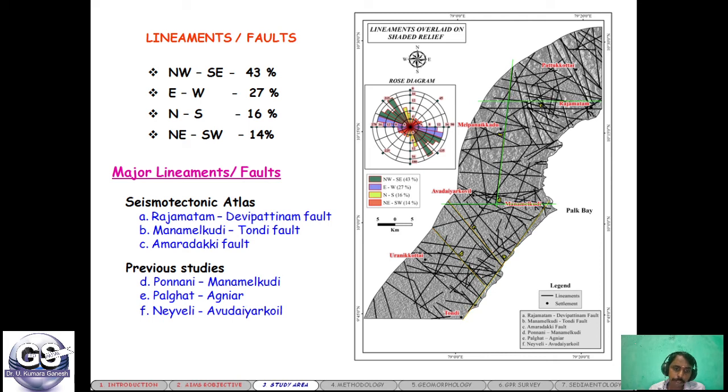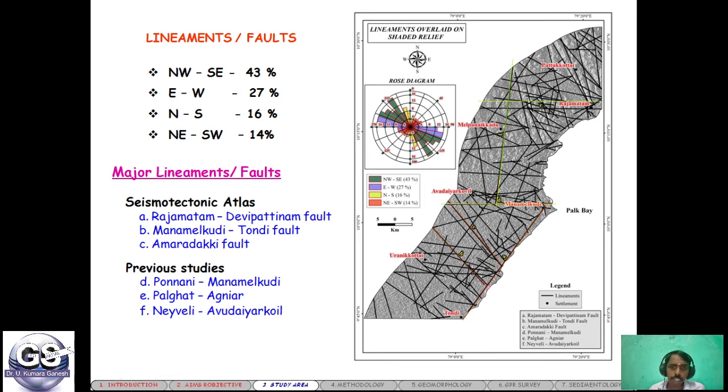The highlighted lines display the seismotectonic and previous study faults, which we will discuss later in the tectonic fabric of the study area video. Further, to understand the orientation of the lineaments, a rose diagram was prepared.